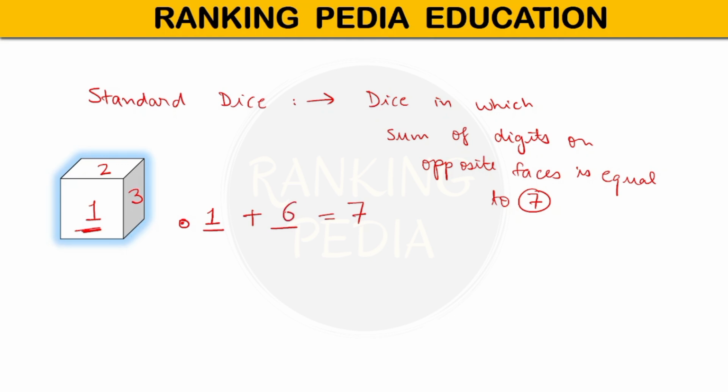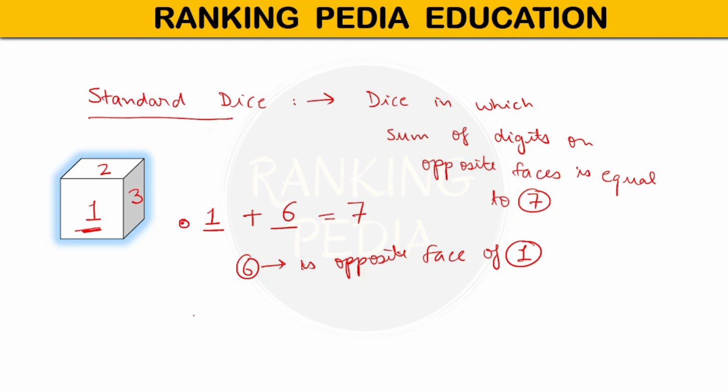That will be 6. So 6 is the opposite face of 1, because 1 plus 6 is equal to 7, and in a standard dice the sum of digits on opposite faces is equal to 7.